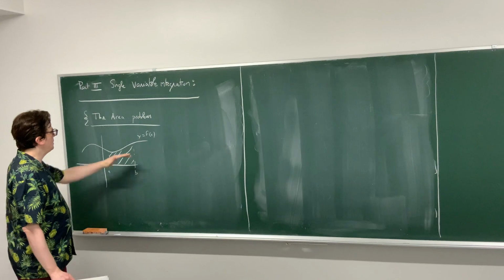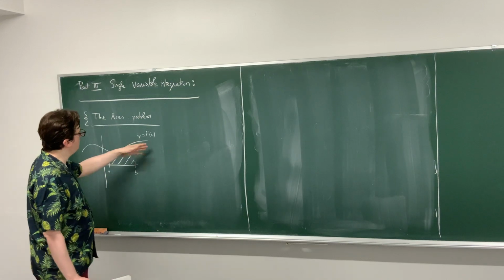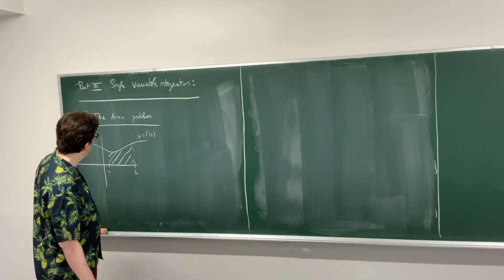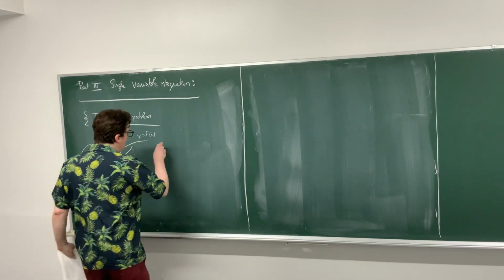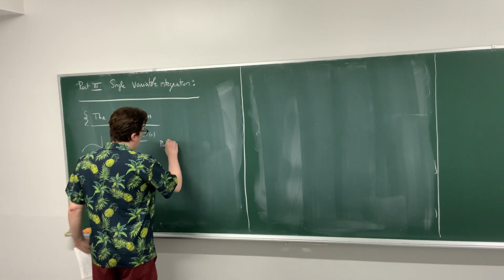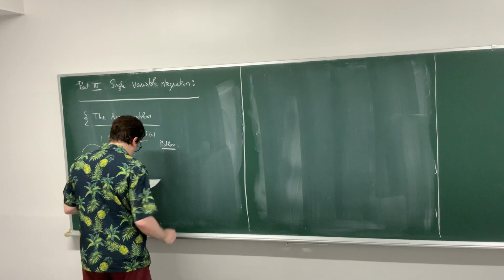It starts from the so-called area problem. Okay, so imagine that we are given some curve y equal f of x, and the problem is, so what is the area problem?